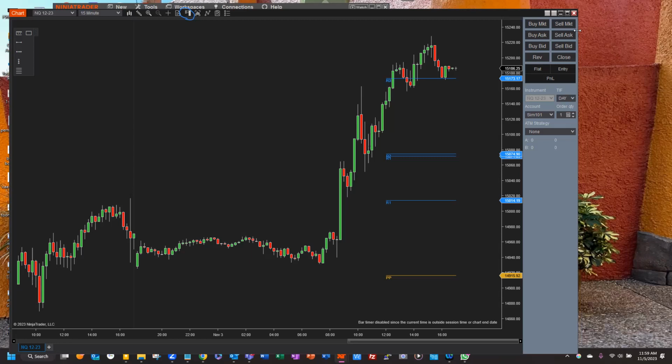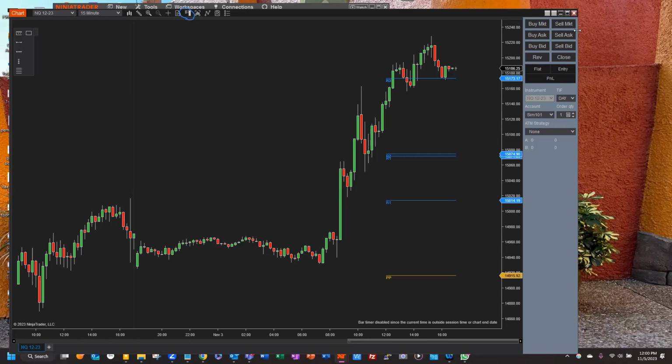So on the chart trader, this is where you go to put trades in, close trades. You can also set up what they call ATM strategies, where if you're in a trade, it'll automatically put your stop losses and your take profits on the page and all that stuff. Some of that you will use, some of that you will not. But this is where everything happens.